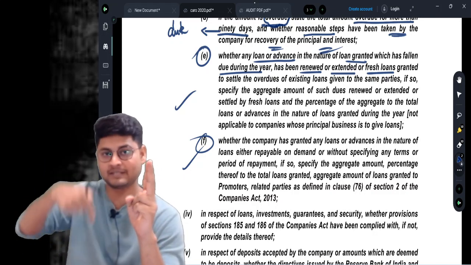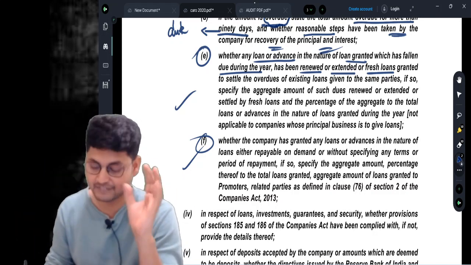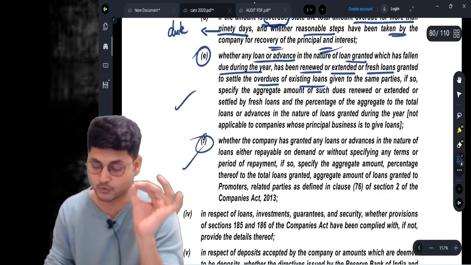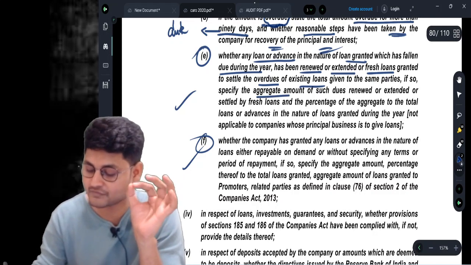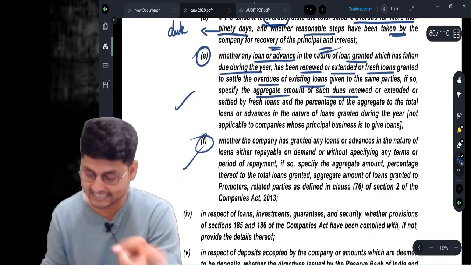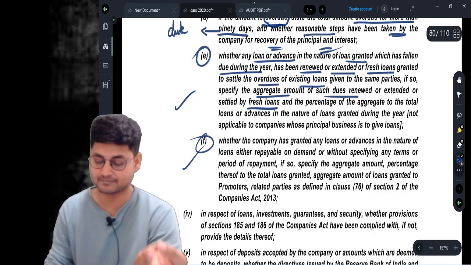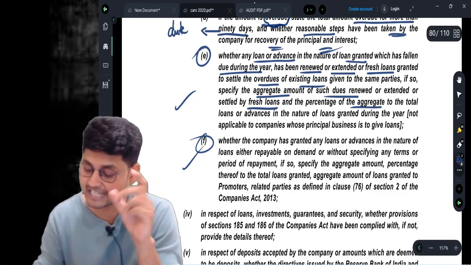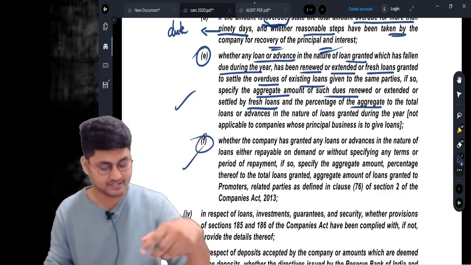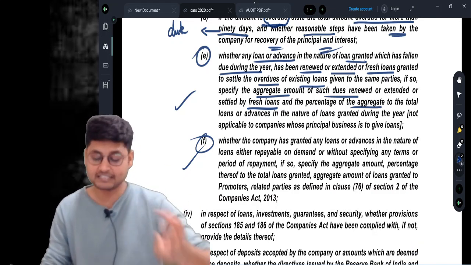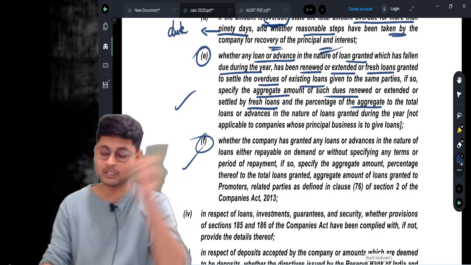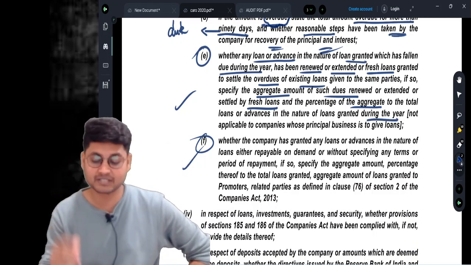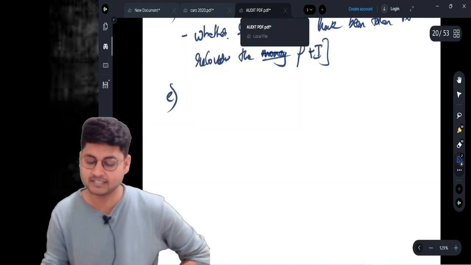If this happens, to settle the overdues of the existing loan, then specify the aggregate amount of such dues, renewed, extended or fresh loans which are given, and the percentage of such renewed, extended or fresh loans to the total loans during the year. This is clause number E, very, very important.